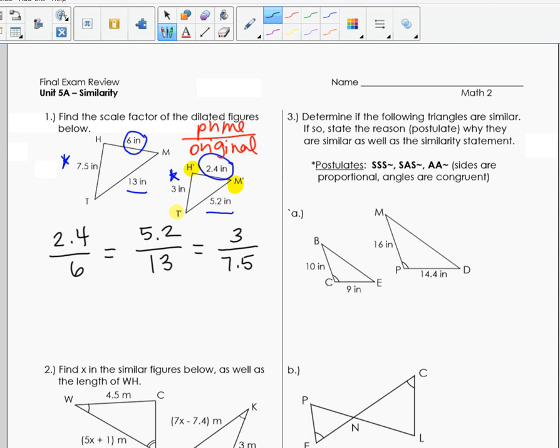Okay, so if you throw all those in your calculator, you end up with 0.4 equals 0.4 equals 0.4, which is good. That's what you want. So that means that your scale factor, remember that K value that we always look for, is 0.4. Okay, or obviously 2/5 would be fine, but it means that this is 2/5 the size of the original.